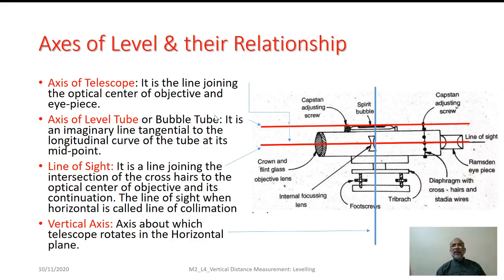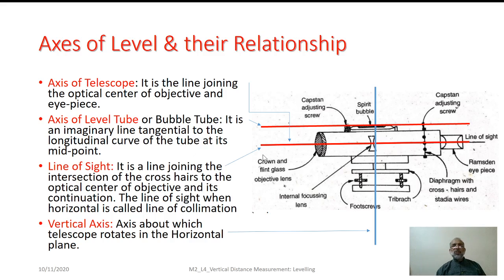The line joining the optical center of the objective and the center of the eyepiece is nothing but the axis of the telescope. As we discussed previously, there is a provision of a longitudinal level tube mounted on the telescope. So when the bubble is brought to the center, a line which is tangential to that particular bubble will be horizontal, and hence this line is called the axis of the level tube.